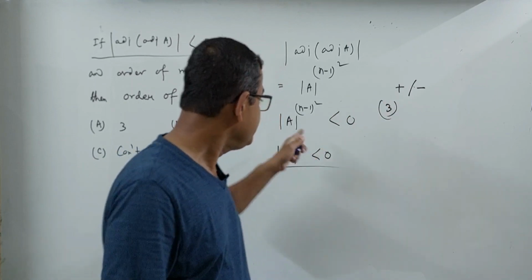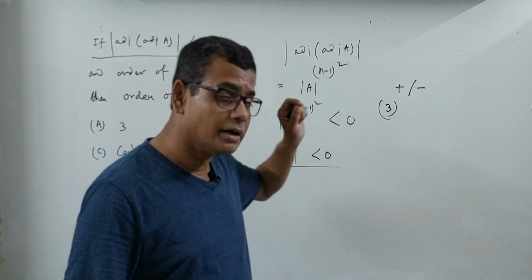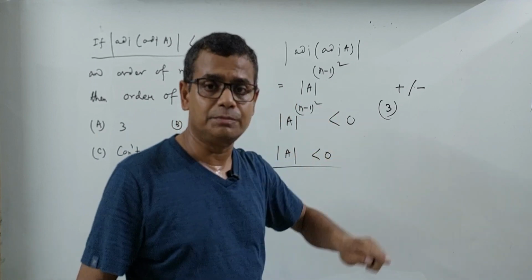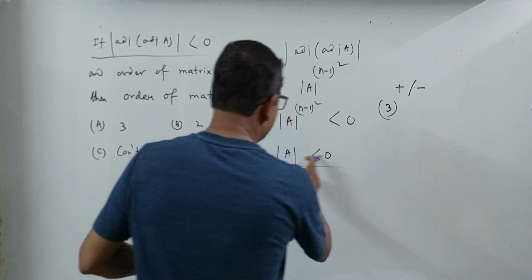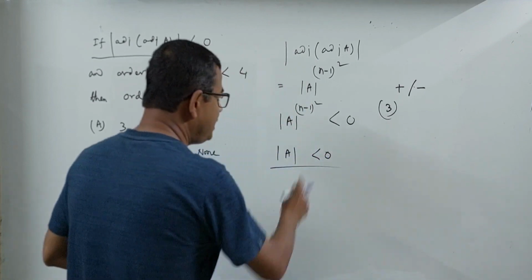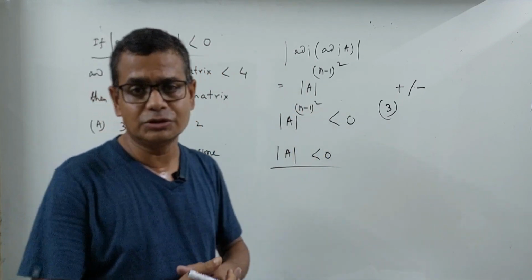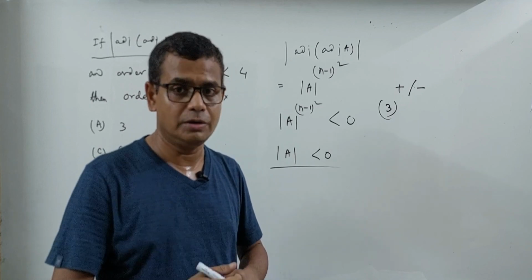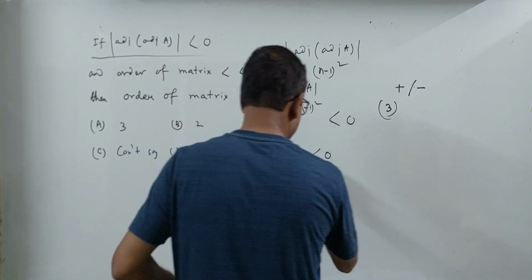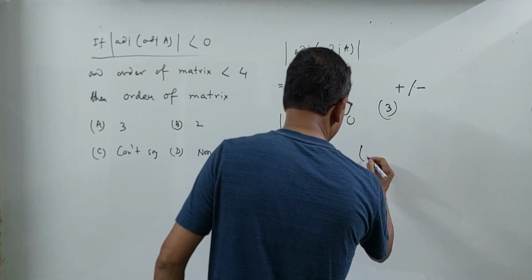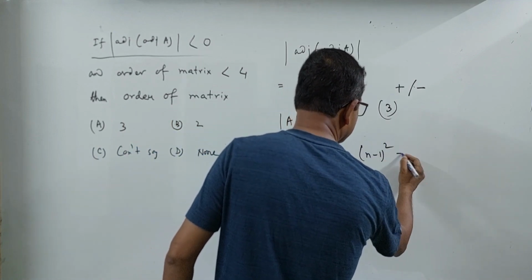So determinant A can't be positive. Determinant A must be negative, and the power (n minus 1) whole square should be odd. Then this inequation is possible. So determinant A is less than 0 and (n minus 1) square is odd.